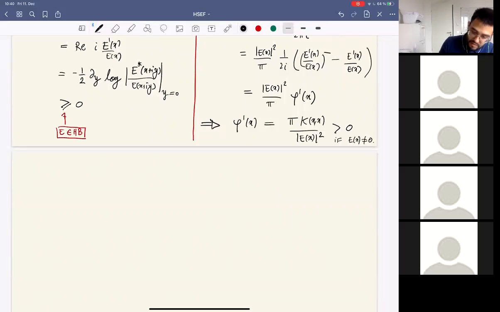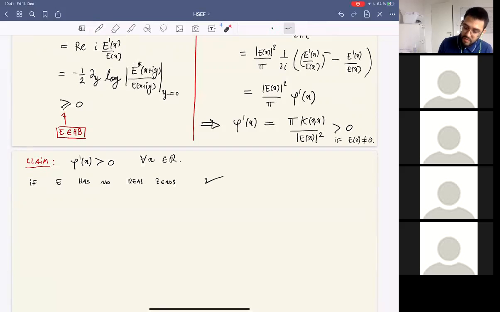So my claim now is that actually phi prime of x is greater than 0 for all x on the real line. And how do we show that? Well, if E has no real zeros, then it's done, because this formula here is telling us that.